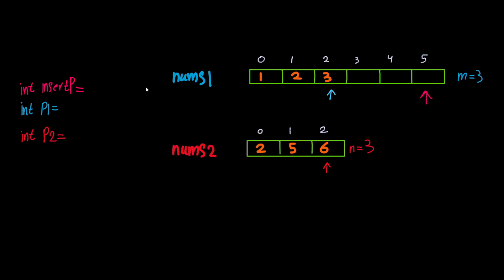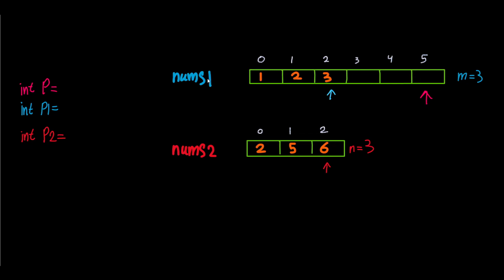Okay, before I continue, I have created 3 variables, which are insert p, which is this pink arrow, and int pointer 1, which corresponds to nums1, and int pointer 2, which corresponds to nums2. I don't like the name of insert p, it's quite long, so I will just say int p. Now, we said that this pink pointer will be at the end of nums1, which will point to an empty space.